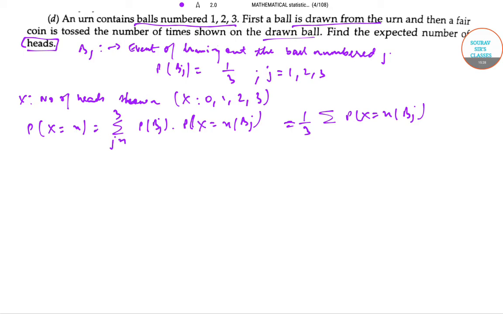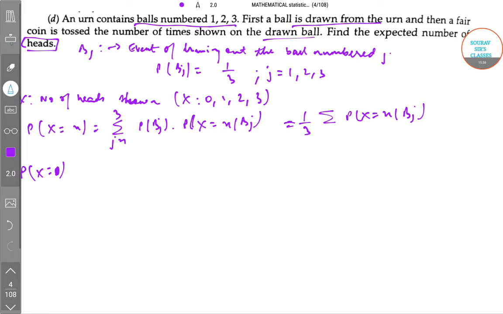So now let us calculate probability x is equal to 0, and I'll explain to you how we get this term.